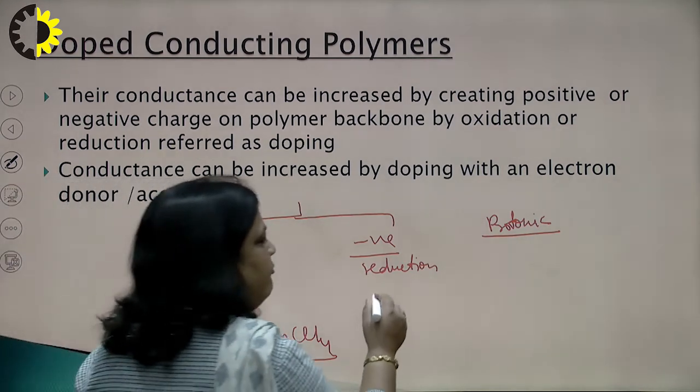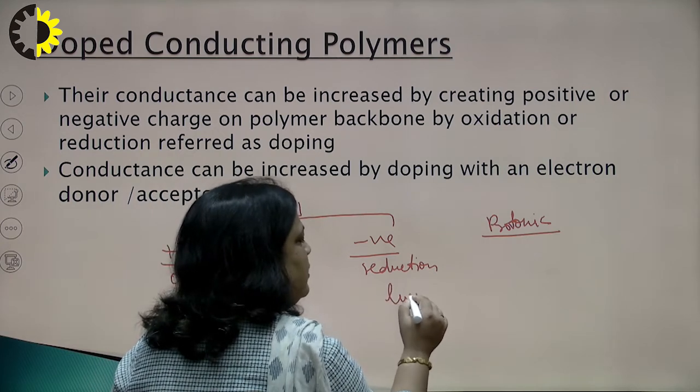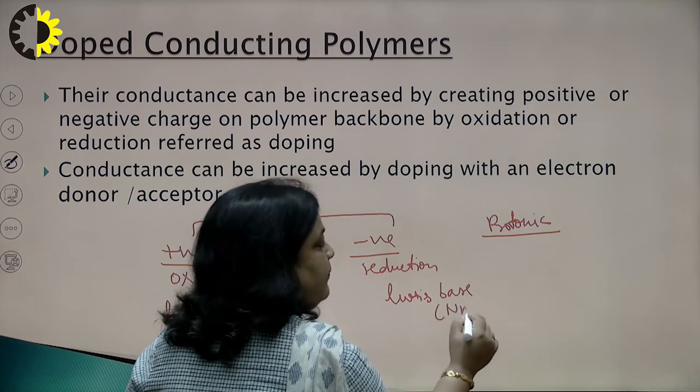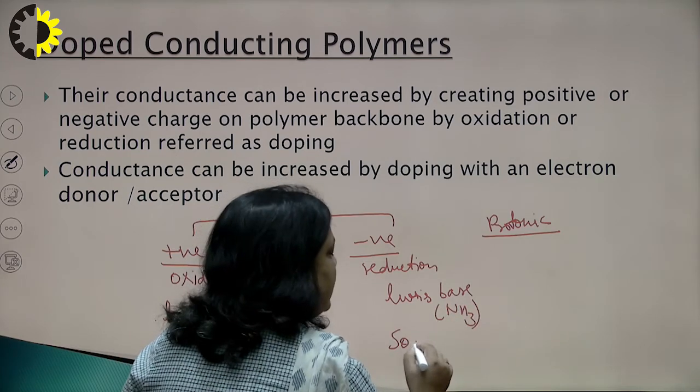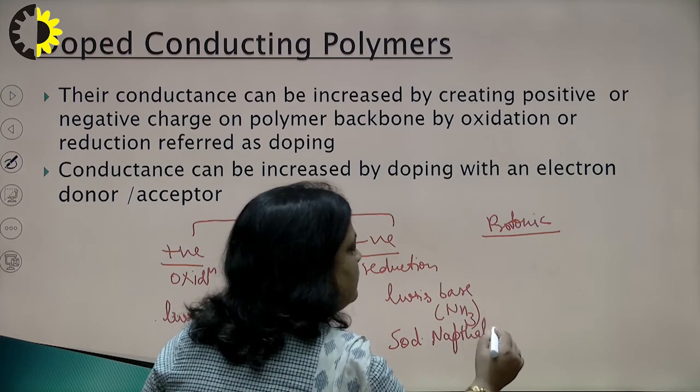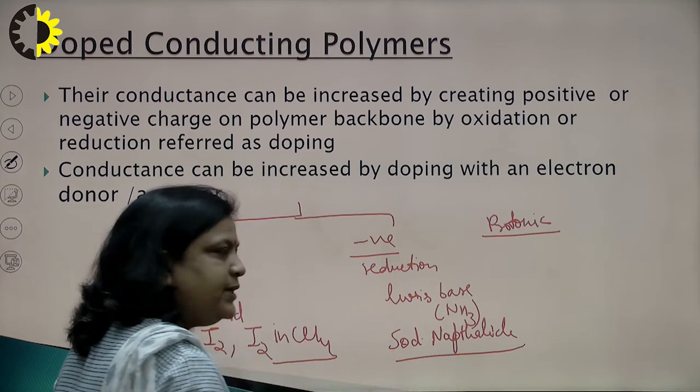For negative charge, we prefer either a Lewis base like NH3 or sodium naphthalide, that is a mild reducing agent.